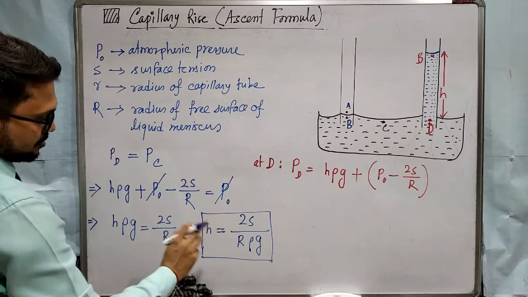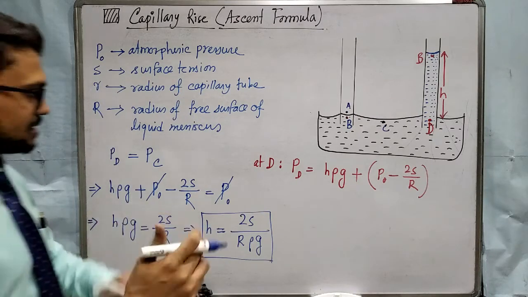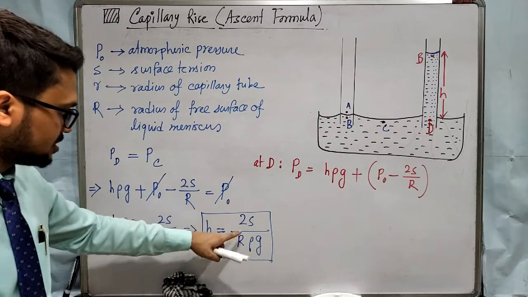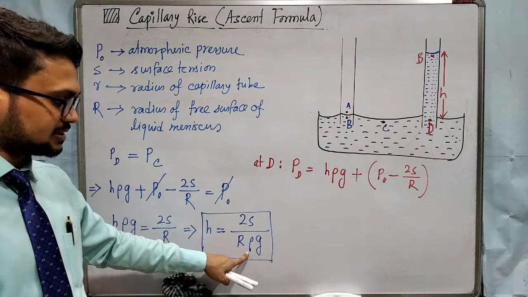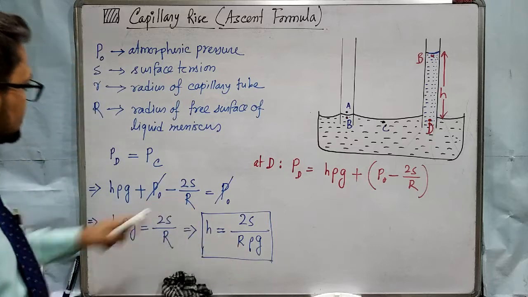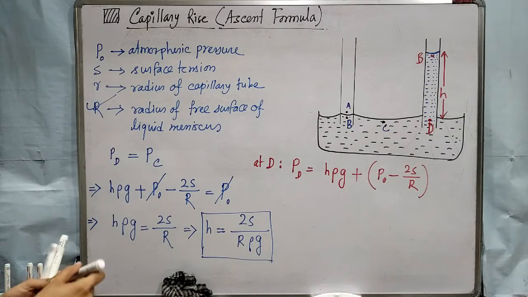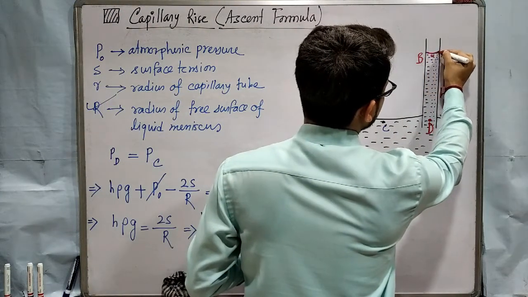From this point we can conclude one thing. Here it is not finished, because S we can measure, rho we can measure, G we know, but what is this R? Radius of the free surface of liquid meniscus, meaning the radius of this meniscus.